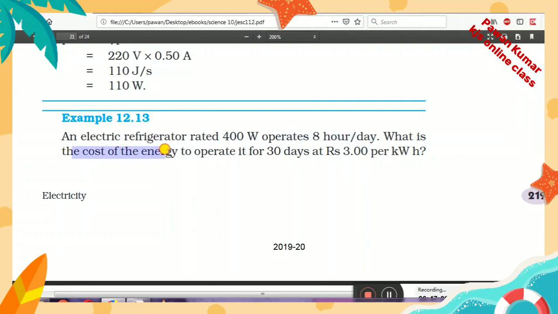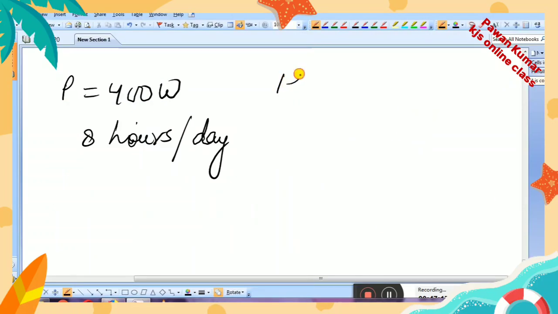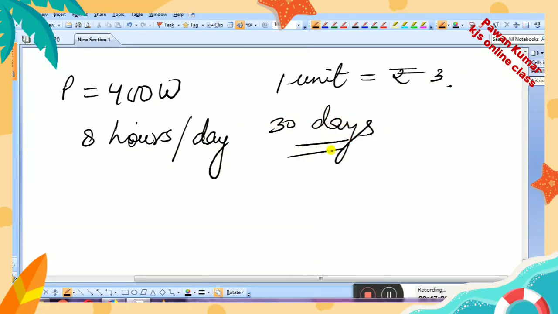Then what is the cost of energy? Cost of energy means money. Operate for 30 days. And the cost of 1 kilowatt hour of energy, or you can say 1 unit, is 3 rupees. So 1 unit equals 3 rupees. And we are using it for 30 days, right, children?